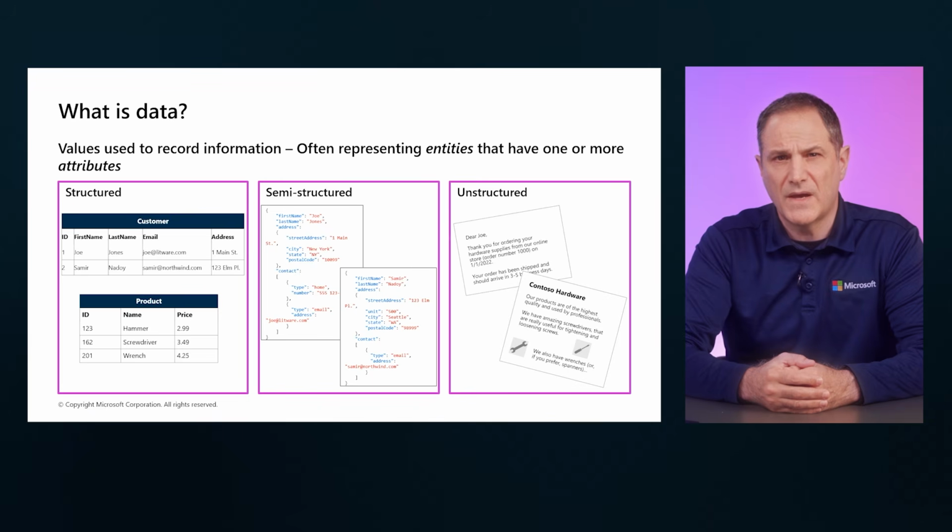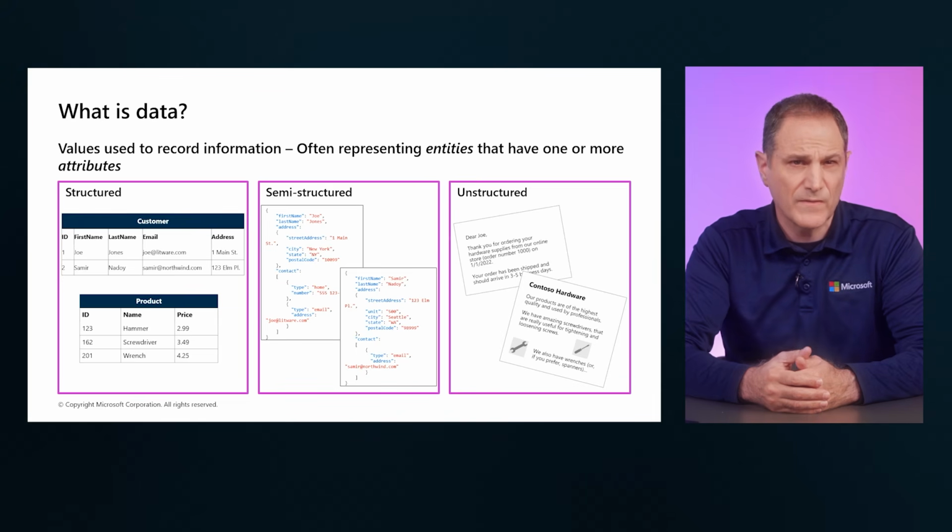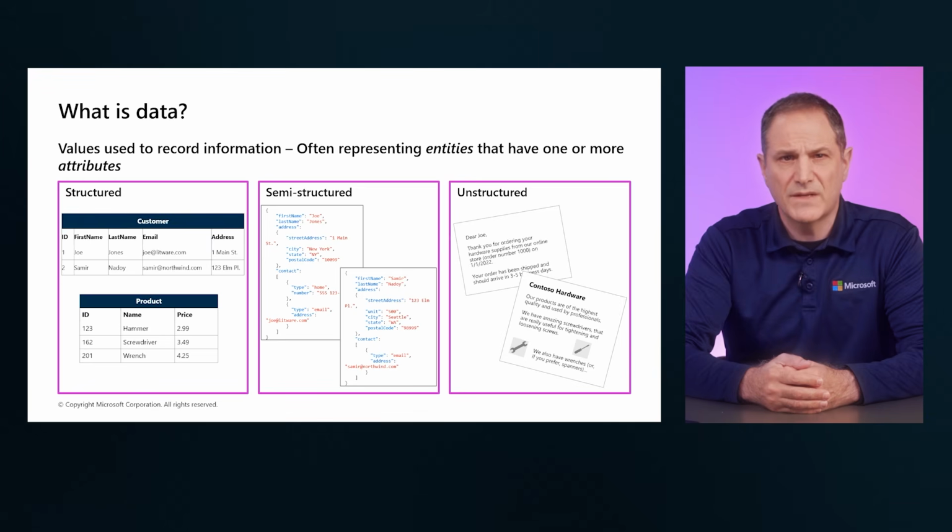One customer record might include both an email address and a phone number, while another might include only an email address. Data is still labeled and organized, but the structure is flexible rather than fixed.